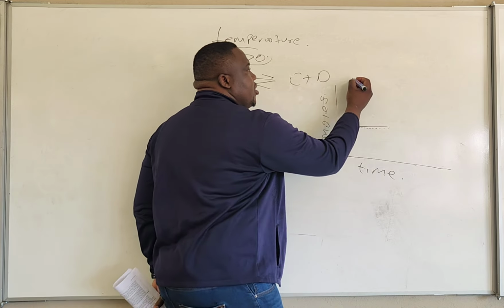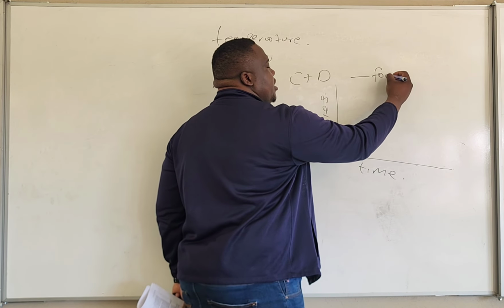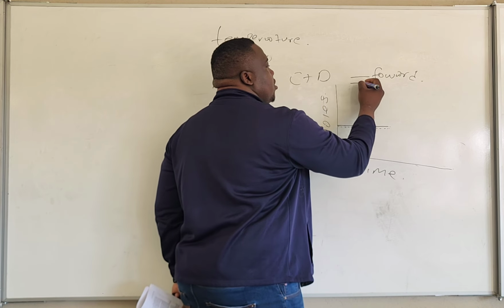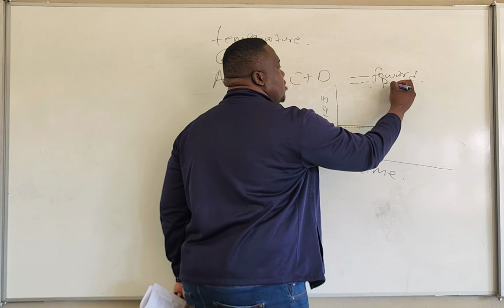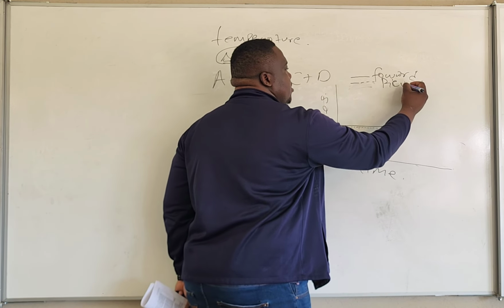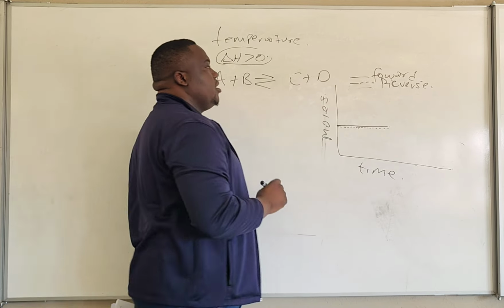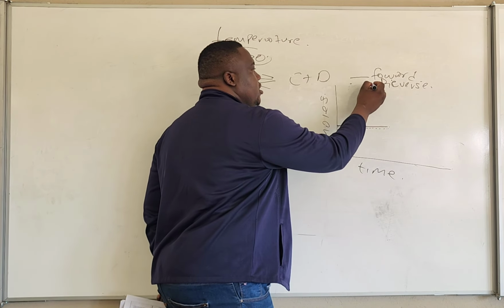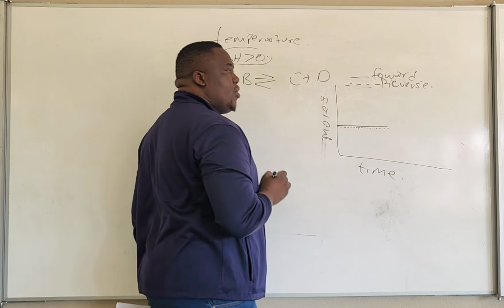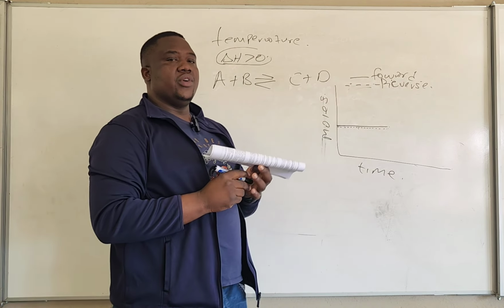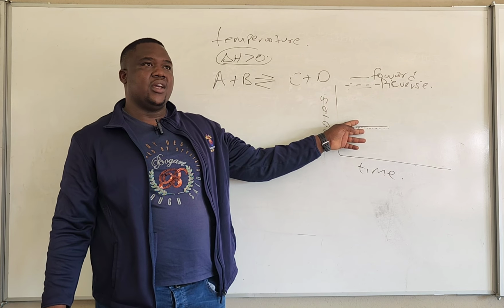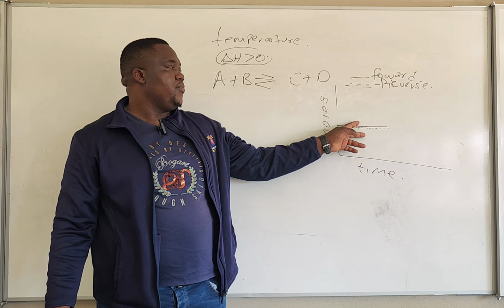Let me say solid line means forward reaction, then dotted line means reverse reaction. You see? Solid line is the forward reaction, then dotted line is the what? Reverse reaction.